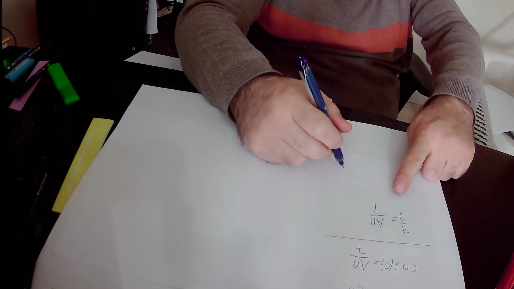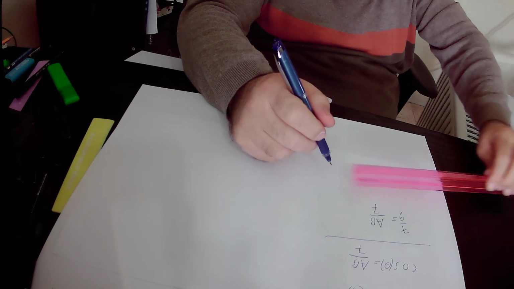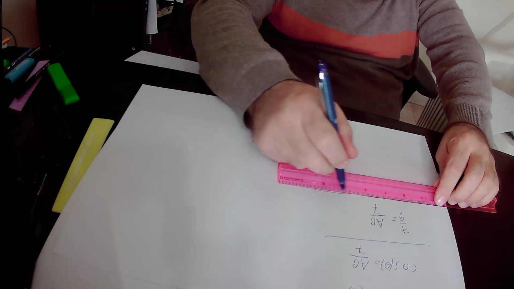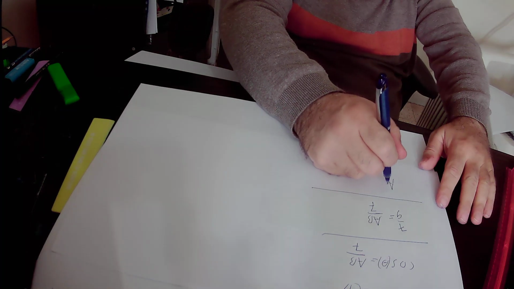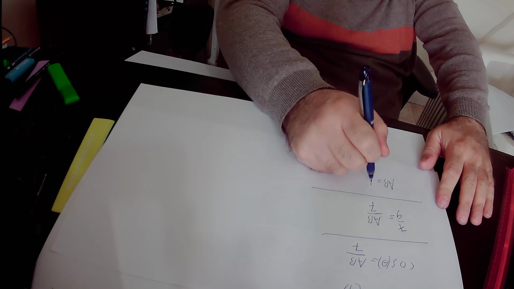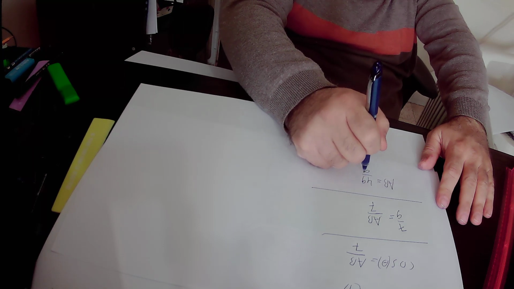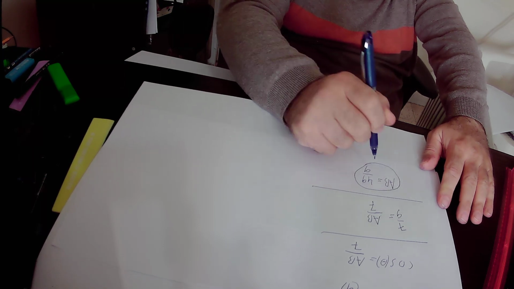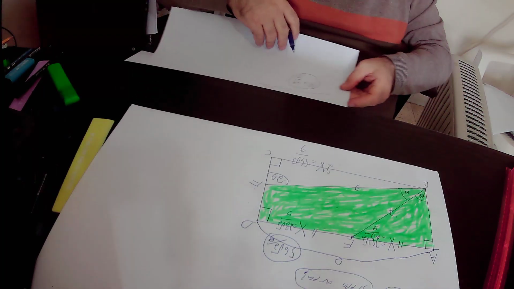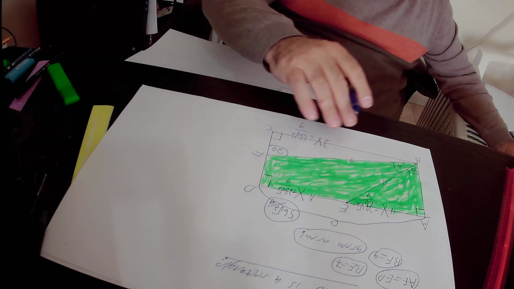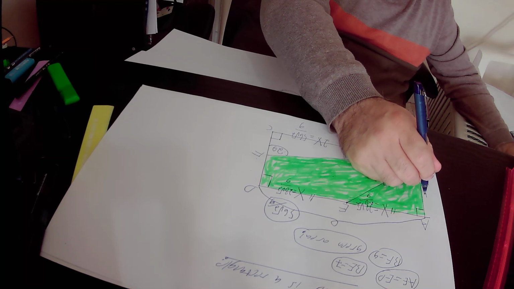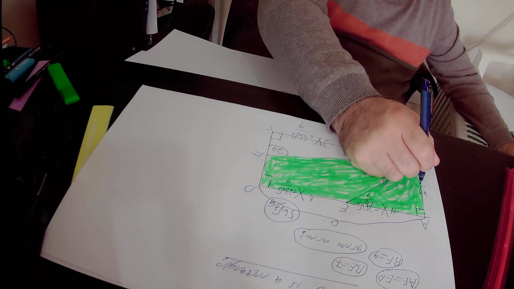We will multiply this equation by 7 and we will get that AB equals 7 times 7 is 49 over 9. So we found out that AB equals 49 over 9, so we can write here that AB equals 49 over 9.